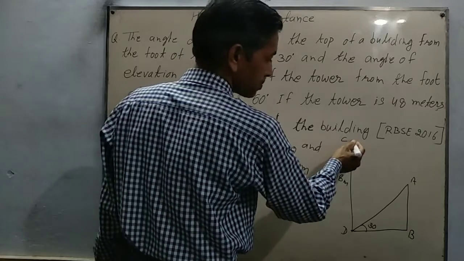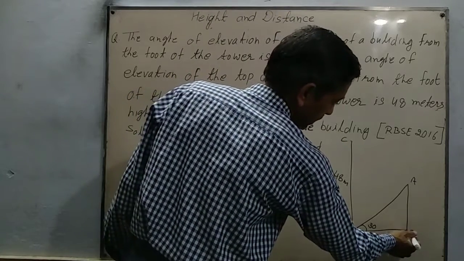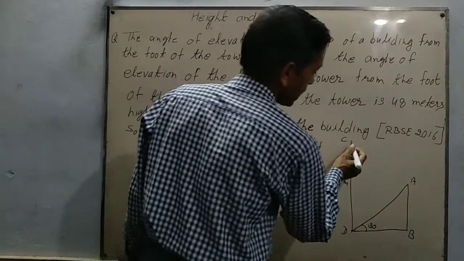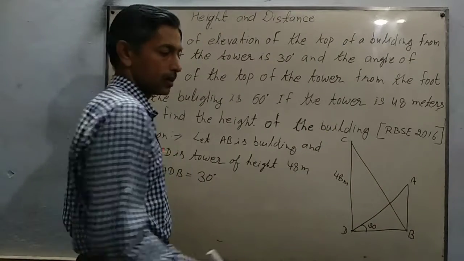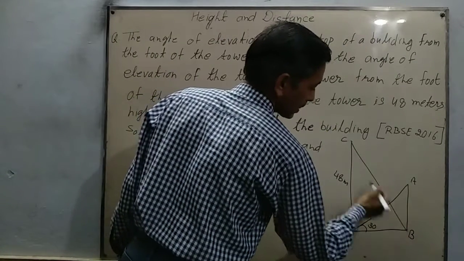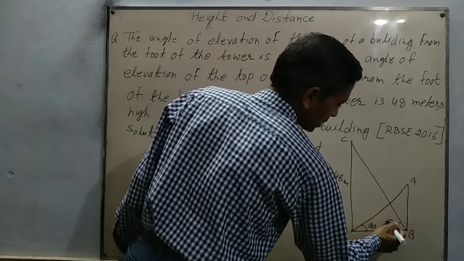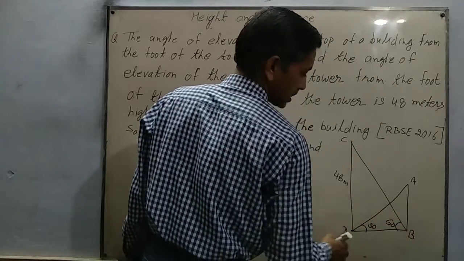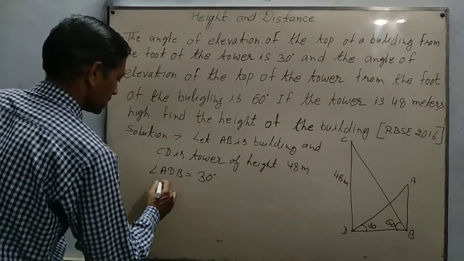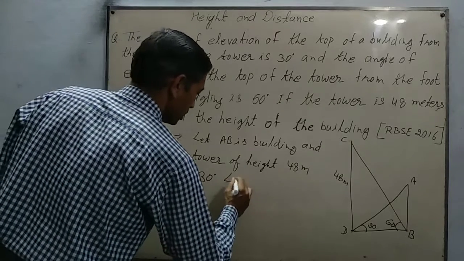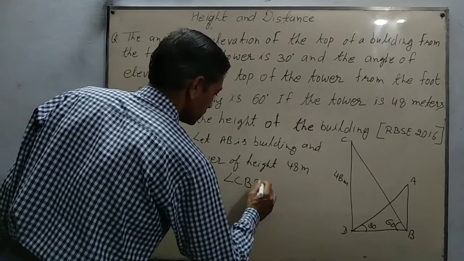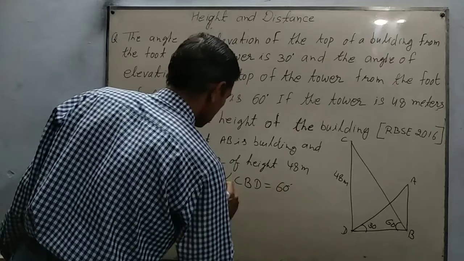Top of the tower is point C, foot of the building is B. So angle CBD is equal to 60 degree.